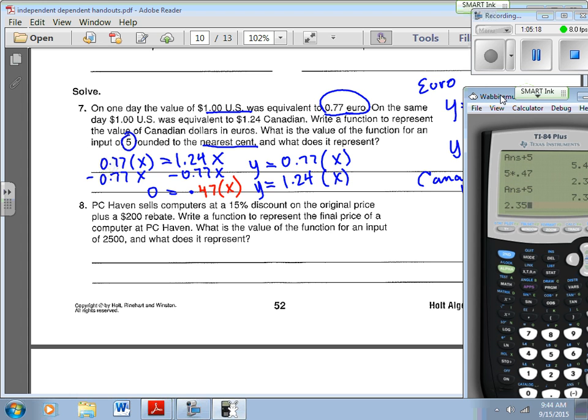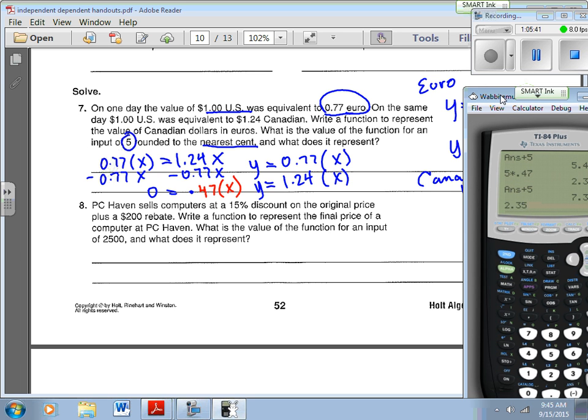That makes sense? So it would have to go from 1.24 for Canadian, and that's where our difference is coming from. The Canadian dollar is worth more than the euro, so we have to go down. And that's why we're going to take it away. That makes sense? I thought that's what it was.